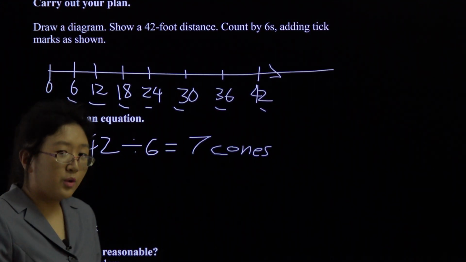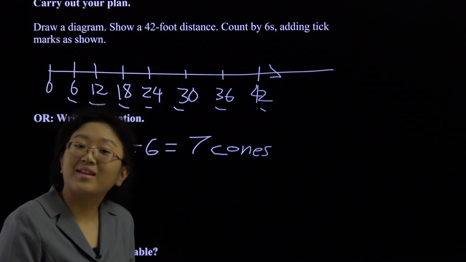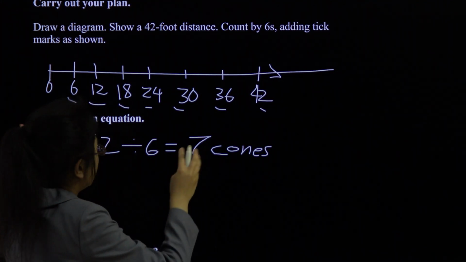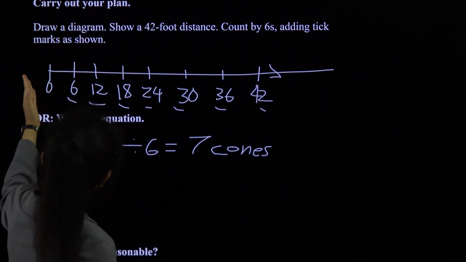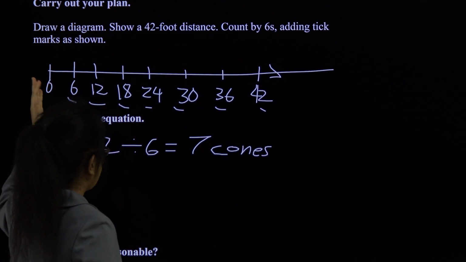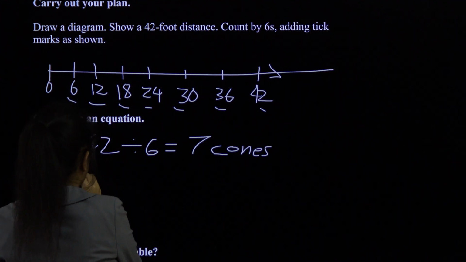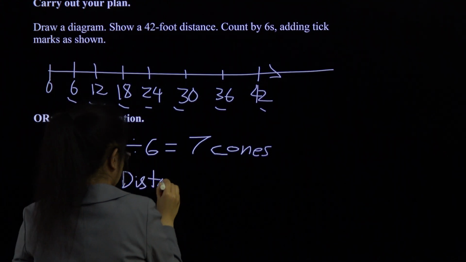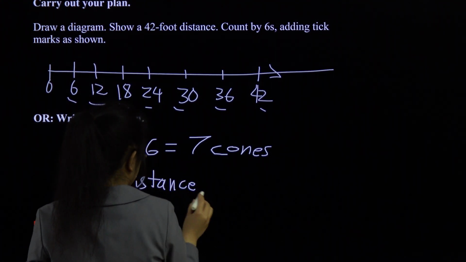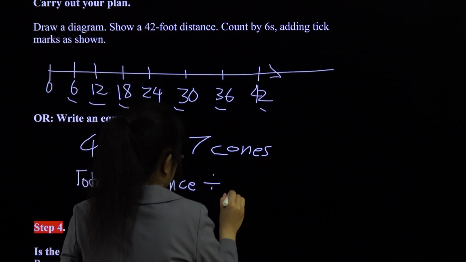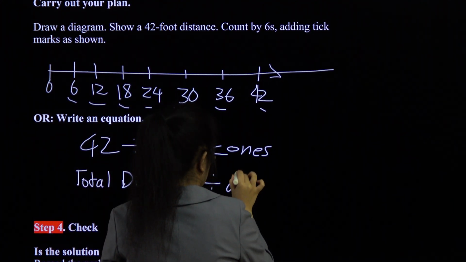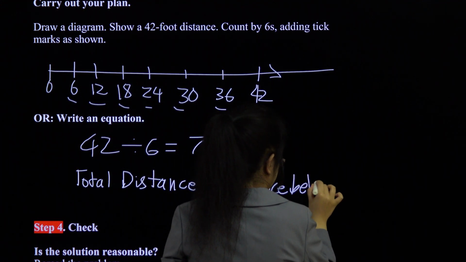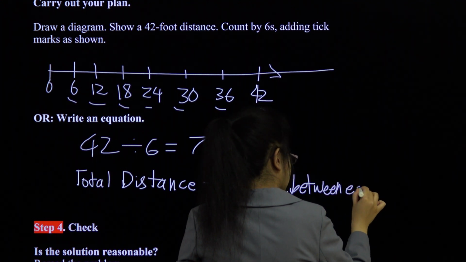However, you will hear me saying this once, and you will hear me say this again. In questions like these, if she does place a cone at the starting line, then it would be total distance divided by distance between each thing.